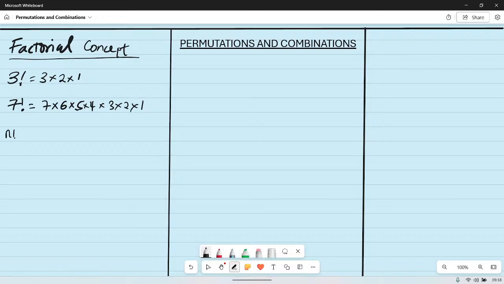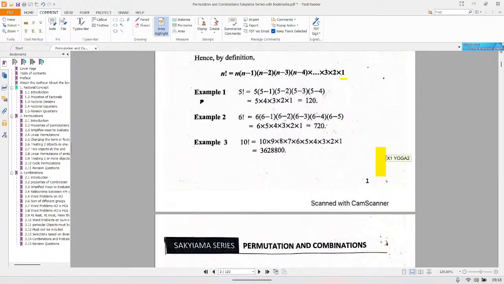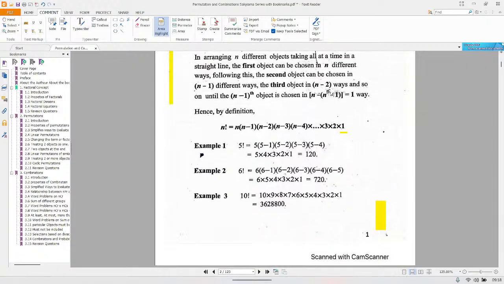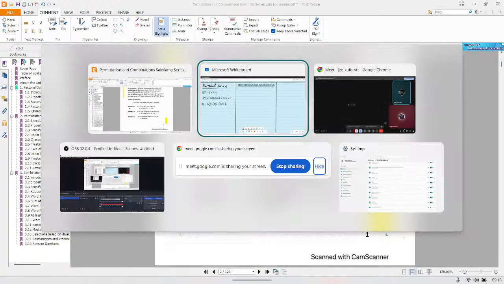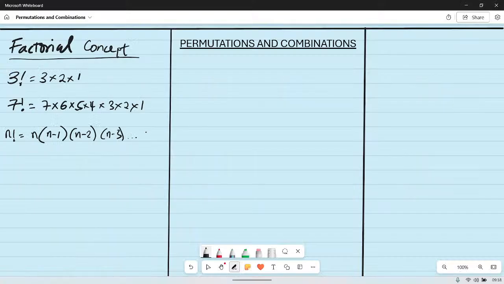So n factorial means n times n minus 1, n minus 2, n minus 3, and keep on until you get to 1. Keep on multiplying until you get to 1. So that's the whole idea.